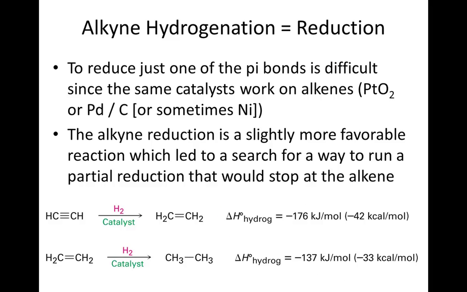Another thing that we did with alkenes was we talked about reduction. So in other words, adding hydrogen across the pi bond of an alkene, and that works also on alkynes. And we could use platinum, palladium, or sometimes a nickel catalyst, the same as we could for alkenes.